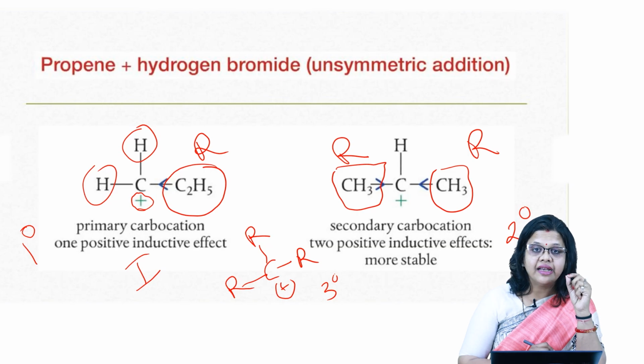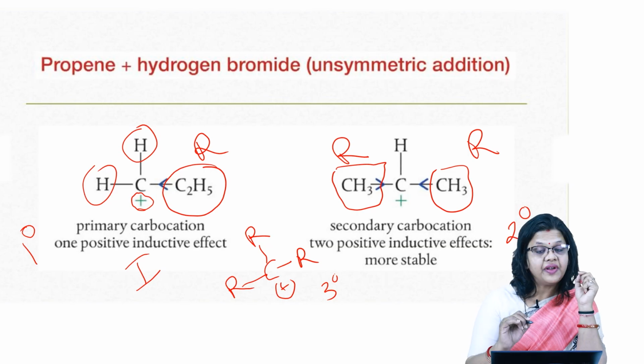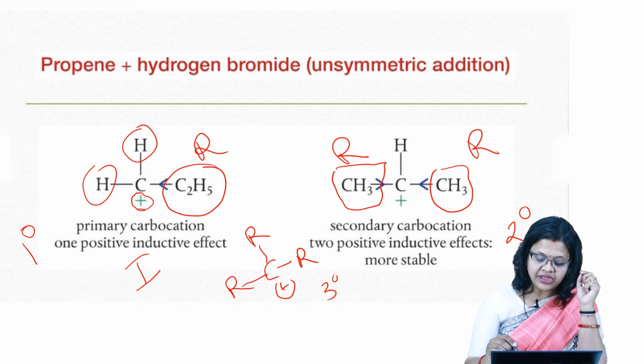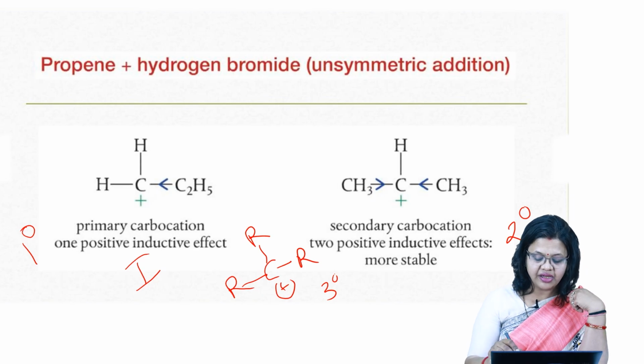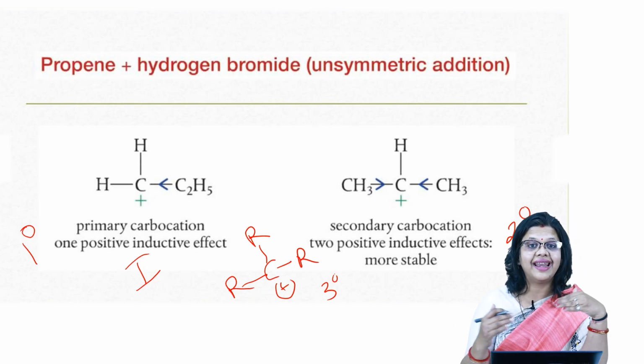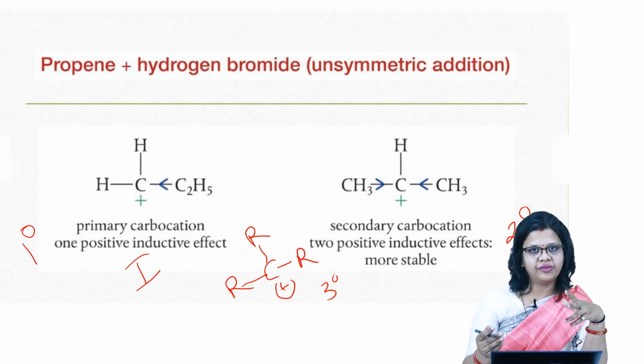So what do the alkyl groups do? We know that alkyl groups show positive inductive effect. That means they push the electron away from themselves. This is what we can see over here, these blue arrows representing the direction of the electron away from the alkyl group.